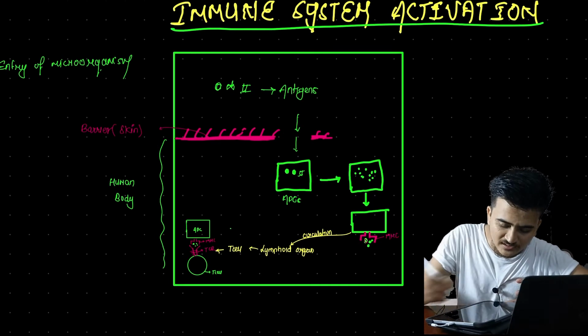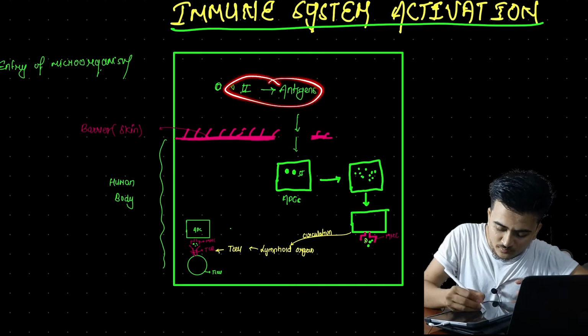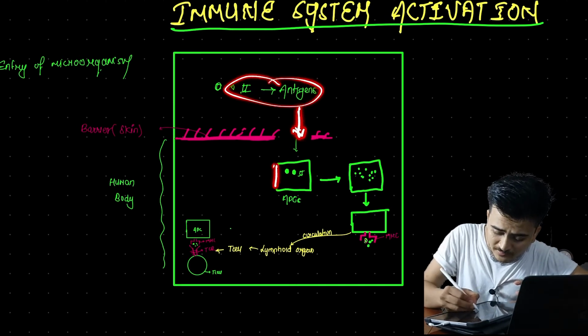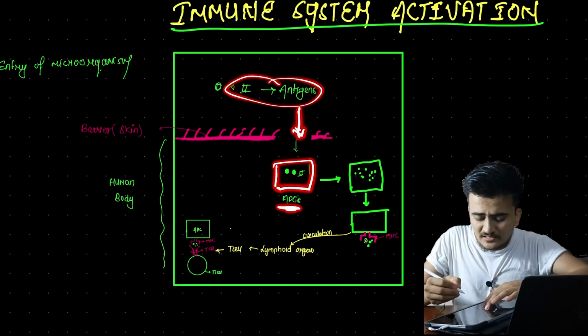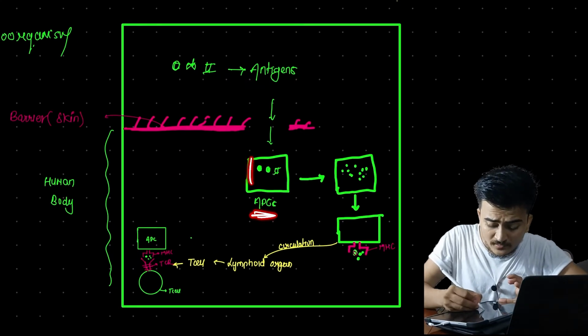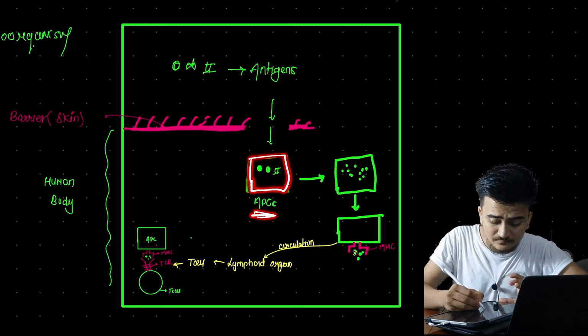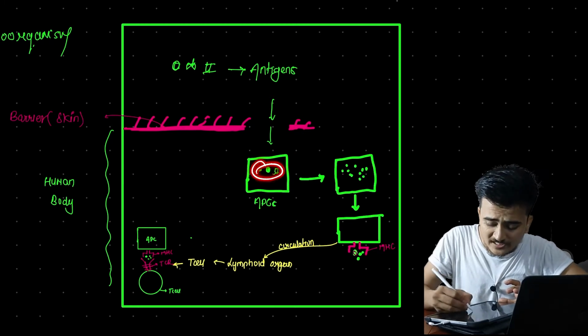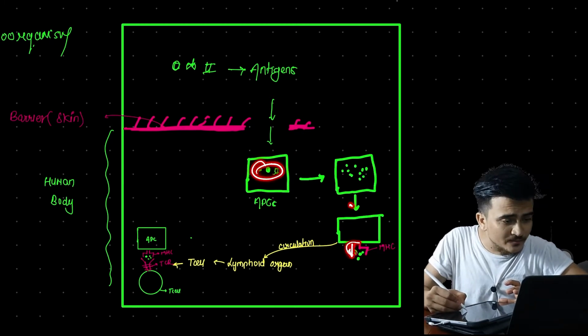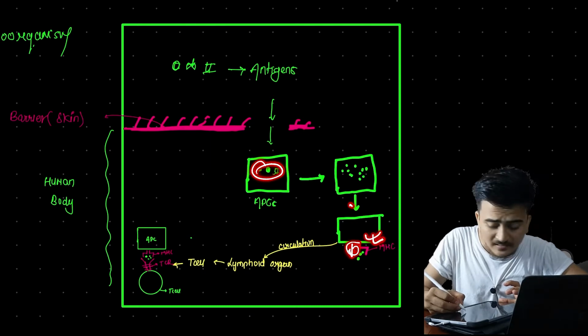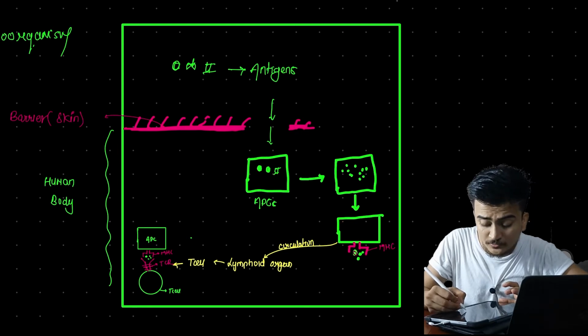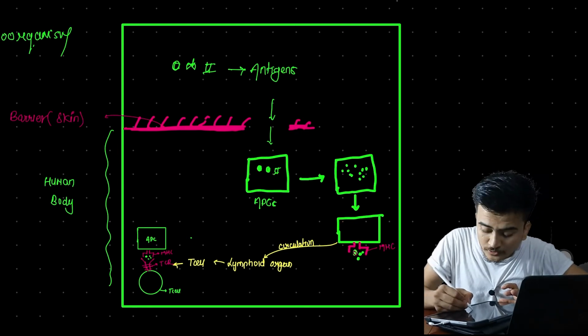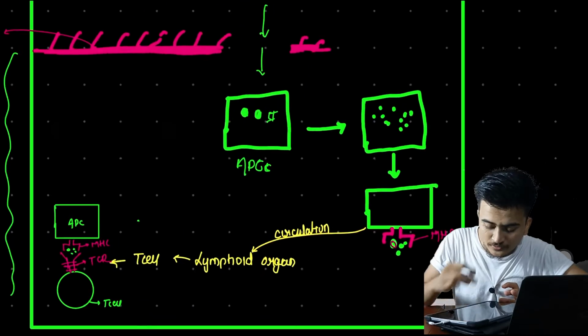Here the entry of antigen was taking place, and in this place these APCs were engulfing these antigens, and after phagocytosis these antigens were expressed on the surface of APC. The APCs expressing antigen on the surface were moving into circulation.